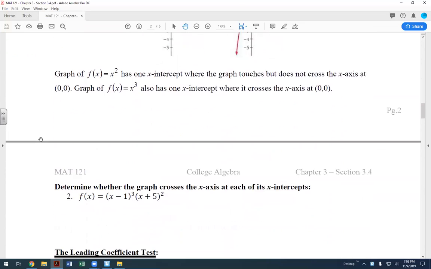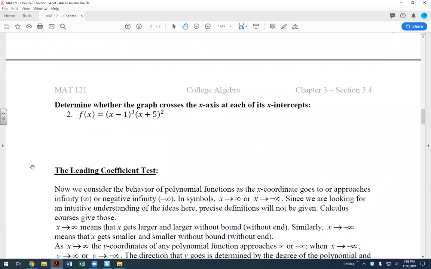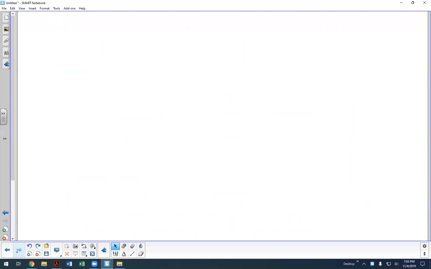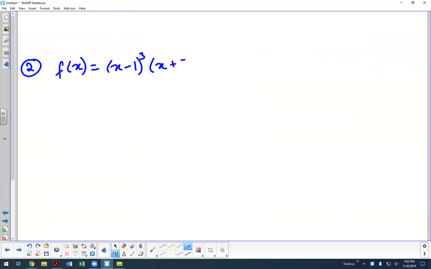So let's put that to the test with number 2 here. Again, you'll notice this is given to us in factored form. We've got x minus 1 to the third power and x plus 5 to the second power.